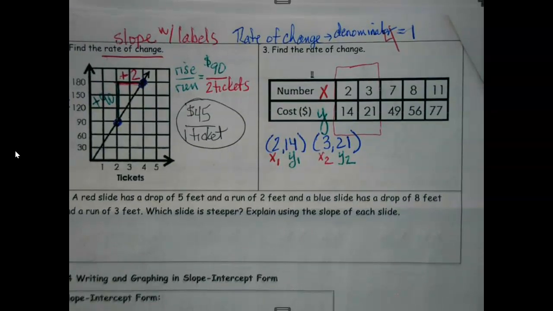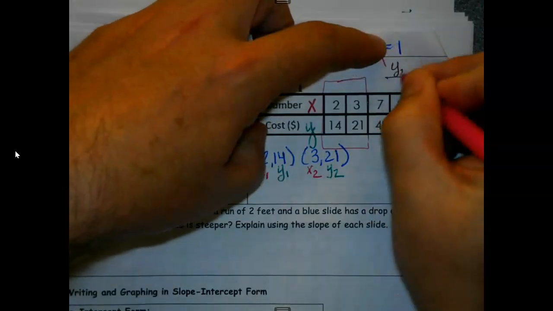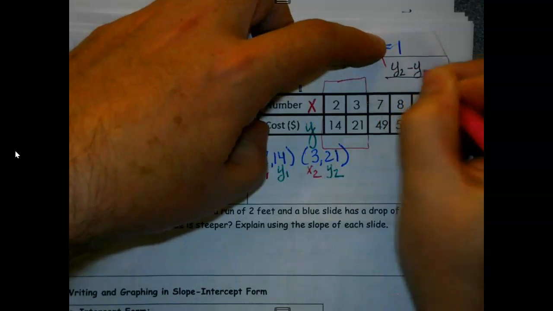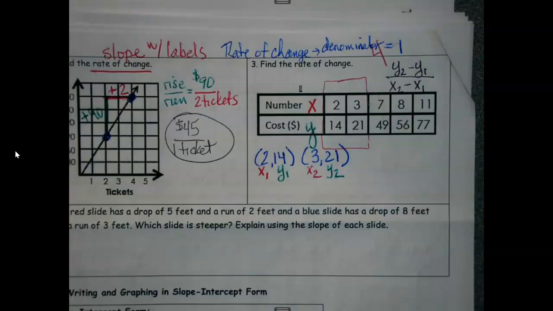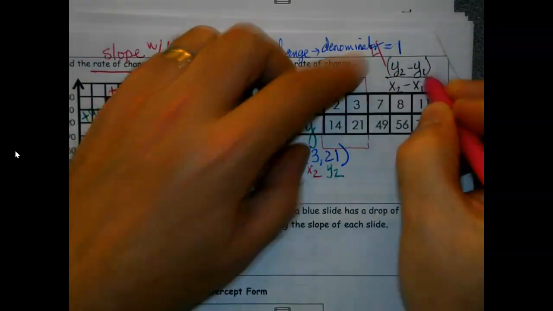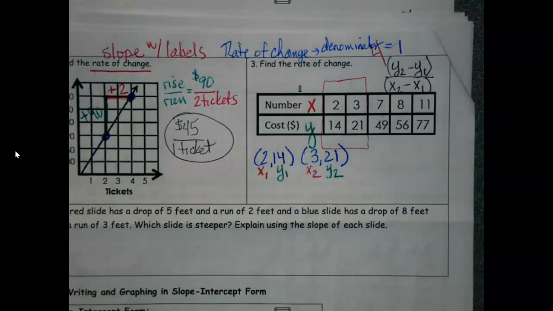When we have points, the formula is y2 minus y1 on top. Got to be on top. x2 minus x1 on the bottom.